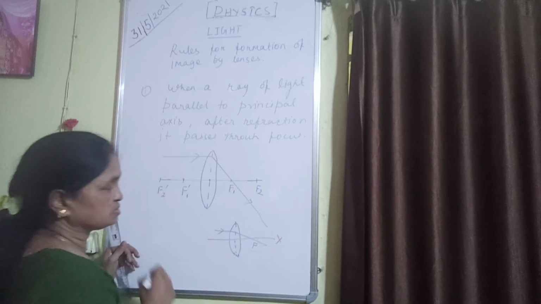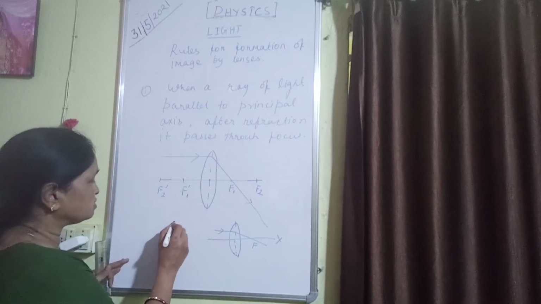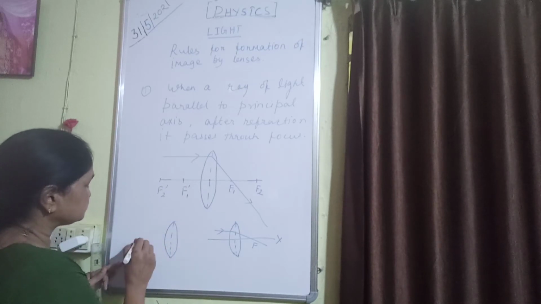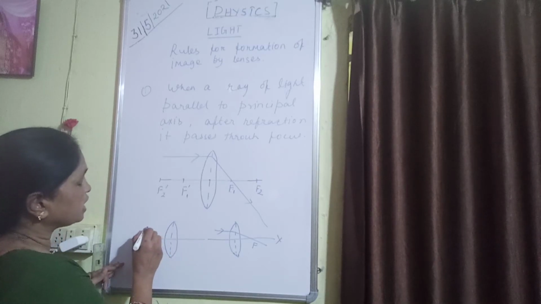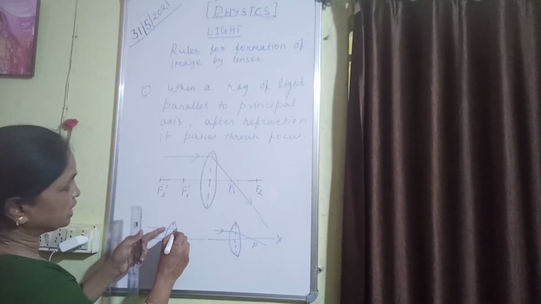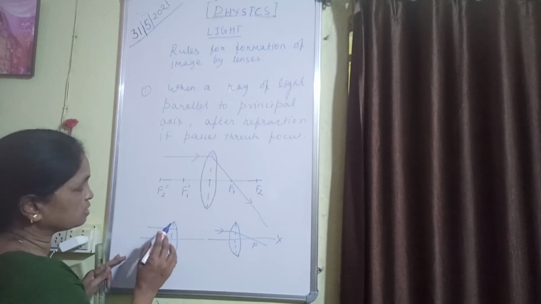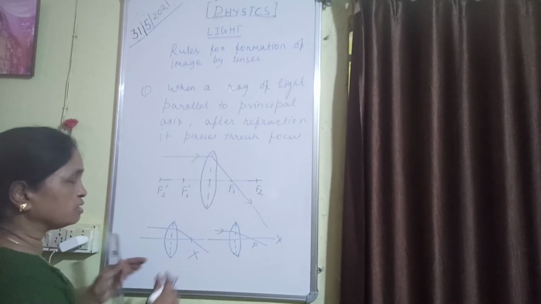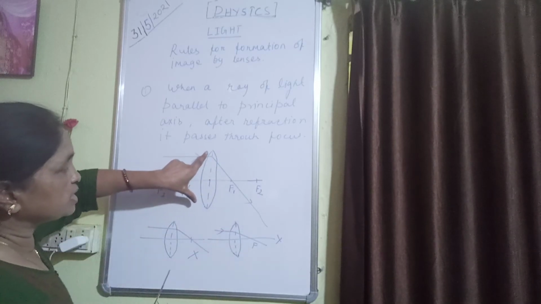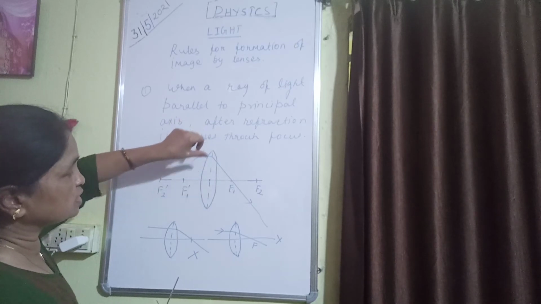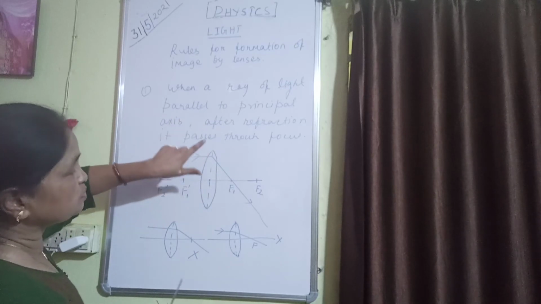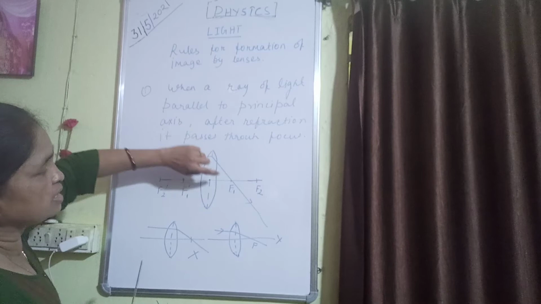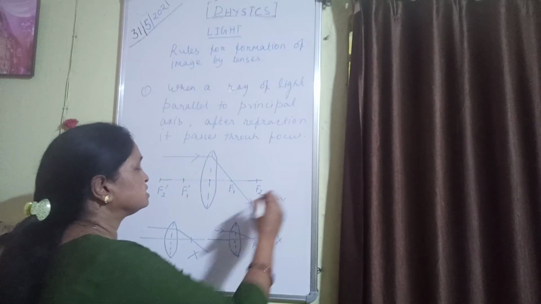This is wrong. Again, if you do the same thing and your ray is parallel to the principal axis and it refracts from the second boundary, that will also be wrong. So students, please be careful. Always draw a midline joining the two midpoints, and then refract the incident ray from that midpoint only, then it will be correct and you will get the marks.